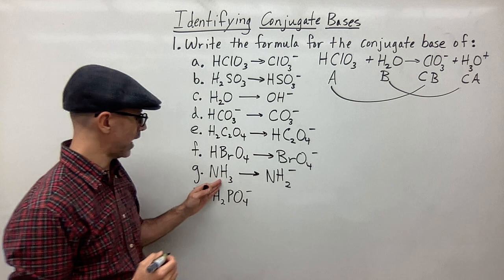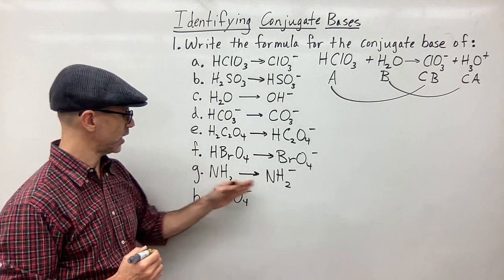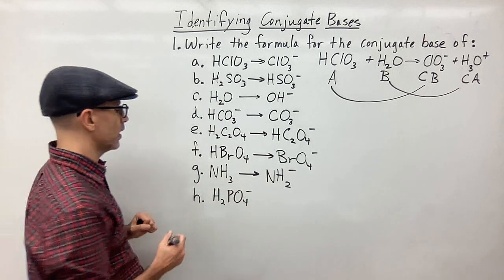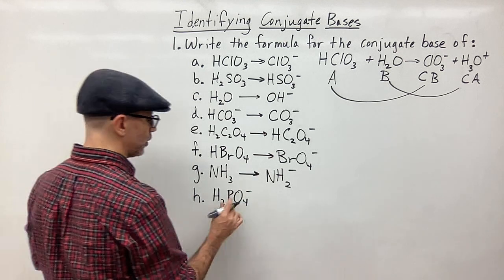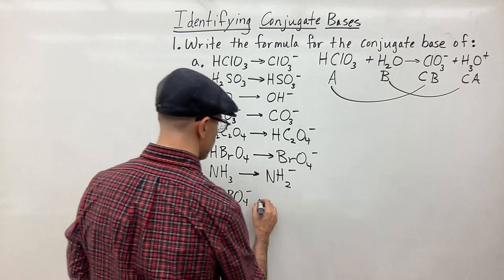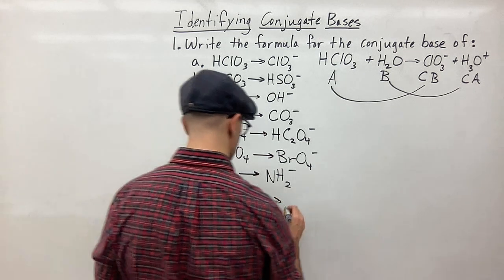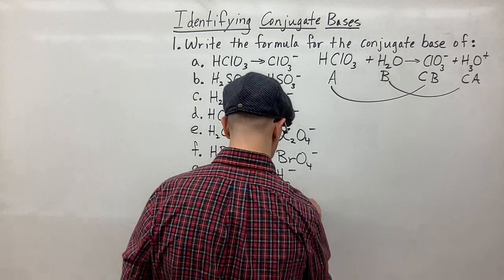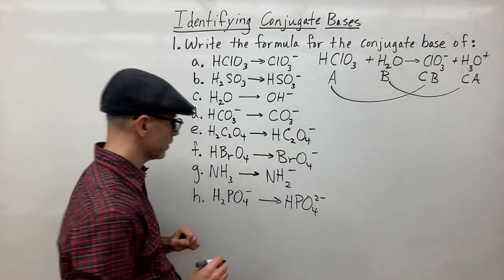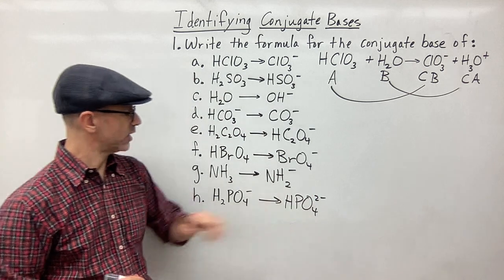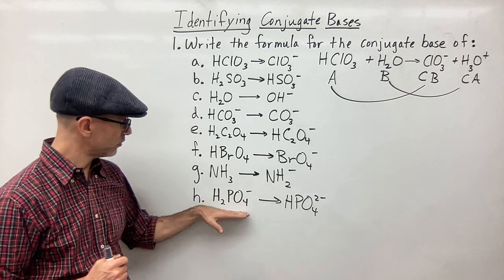So it loses a hydrogen, and there's your conjugate base. And then finally, we have H2PO4 minus. That's going to lose a hydrogen, so what's left is the conjugate base, HPO4 2 minus. That is the conjugate base of this acid.